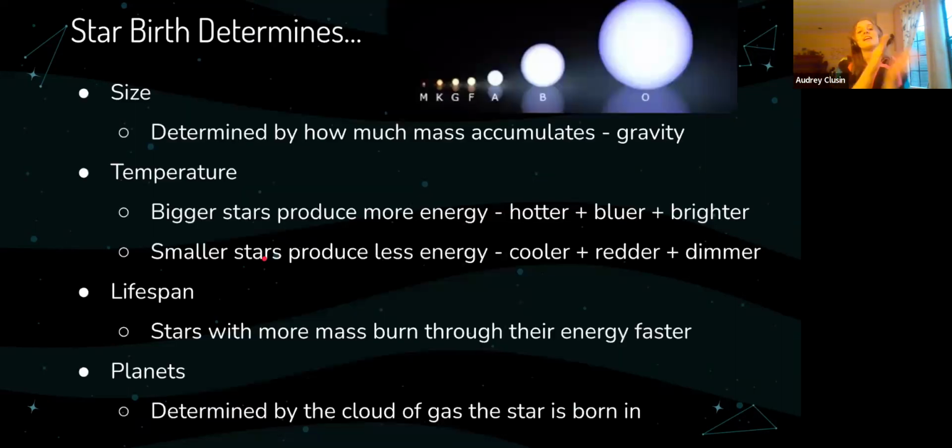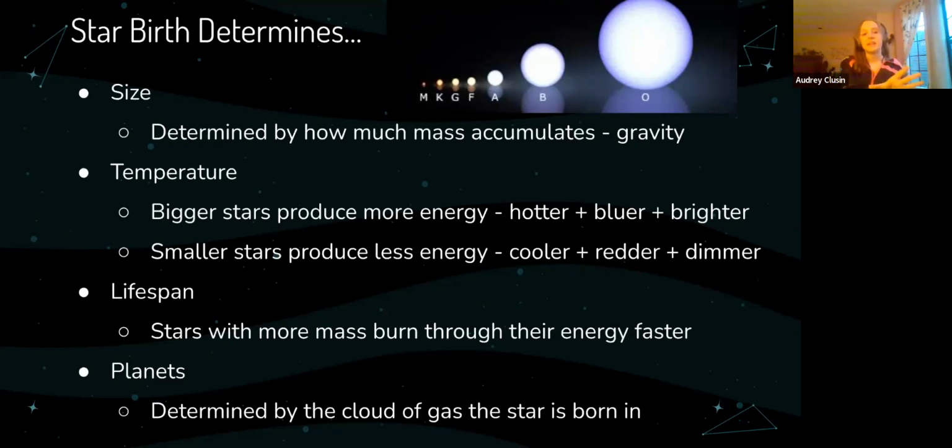Anyways, from the birth of the star, there are some things that are determined. Like I was saying a second ago, for whatever reason, each individual star ends up having its own set mass where it's in equilibrium. The force going in is equal to the force going out, and that's the set mass that it's going to have.